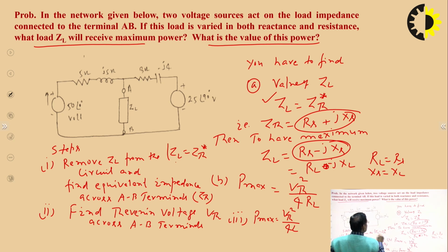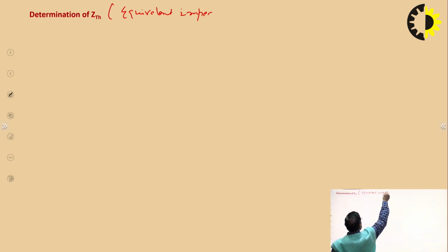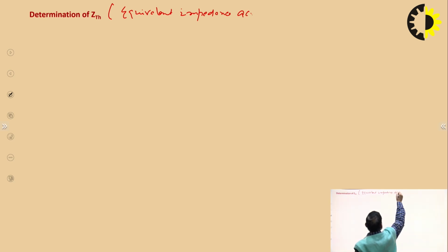So this is the approach. So first, the determination of ZTH, means equivalent impedance across AB terminals.